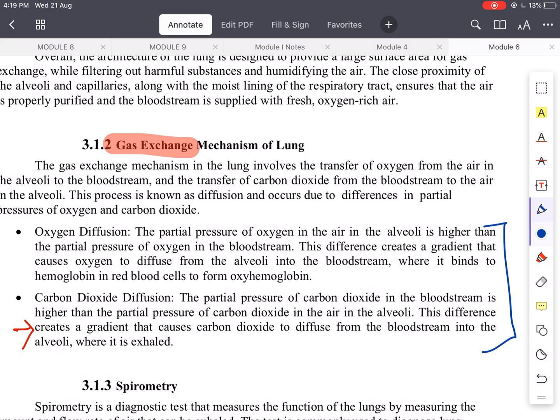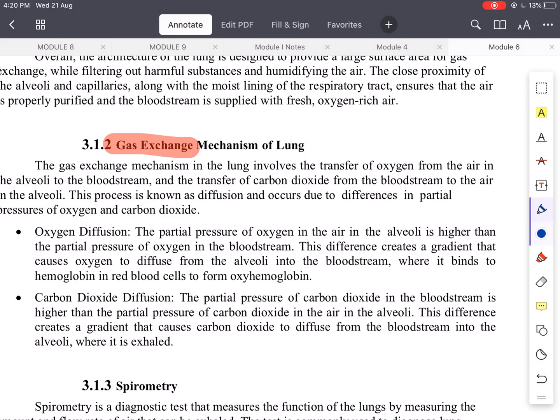From the higher gradient area to the lower gradient area, the gaseous molecules exchange. Oxygen goes from the air to the bloodstream, and carbon dioxide goes from the bloodstream to our alveoli and is exhaled from the body. That's why we throw out carbon dioxide.